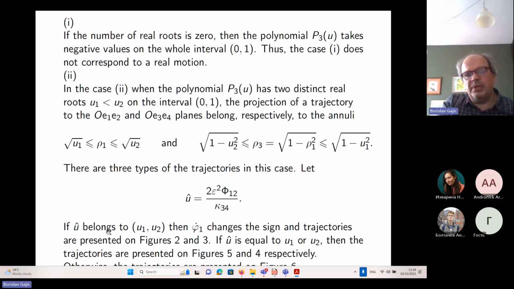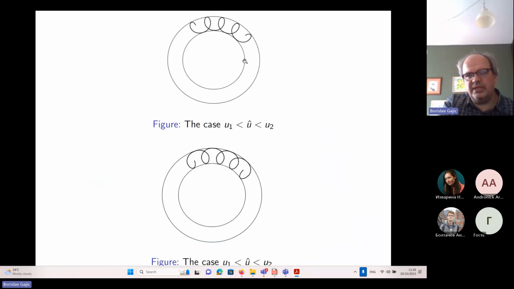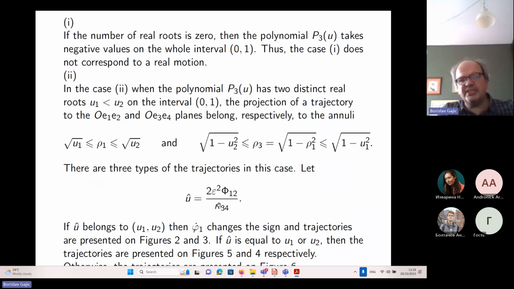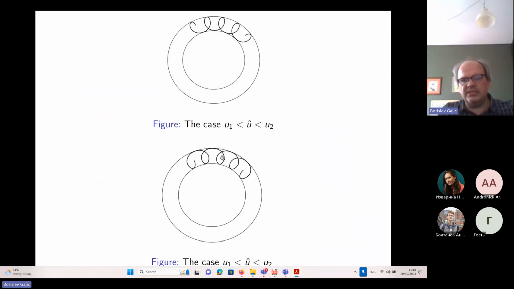If u kappa belongs to this interval, then we have one regime of motion given by these two formulas, these two pictures. So phi dot can change sign during motion, and we have this kind of motion.